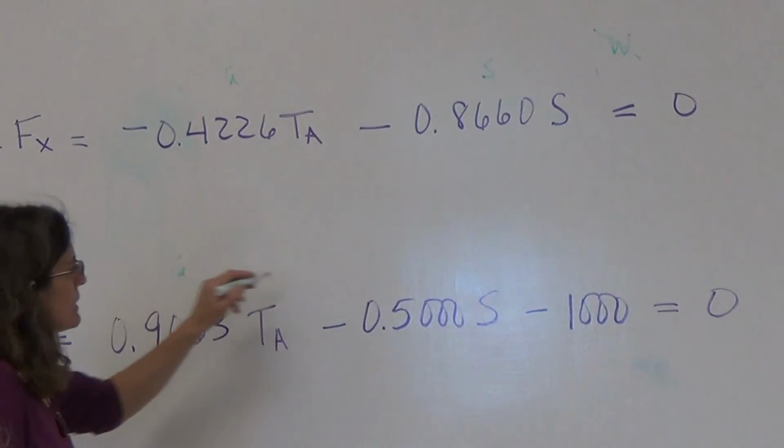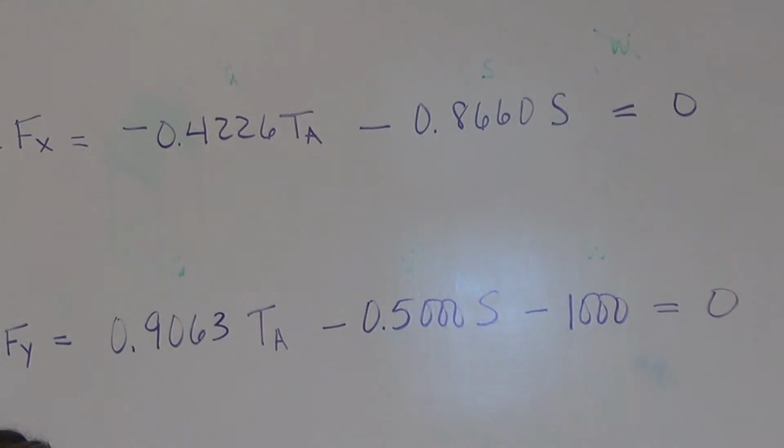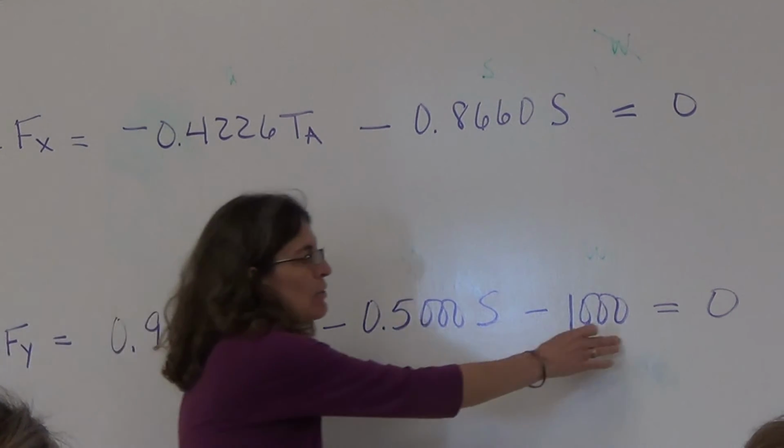Here's the TA, here's the S, and here's the W. Should that be a full 1,000 or the unit vector negative J? Well, I didn't put any J's in because I'm doing the sum of the forces in the Y, right? So I didn't put a J in here, here, or here.